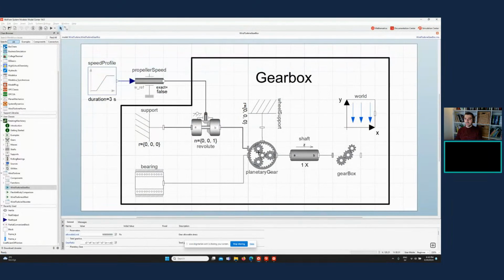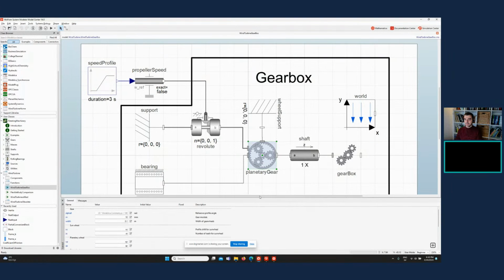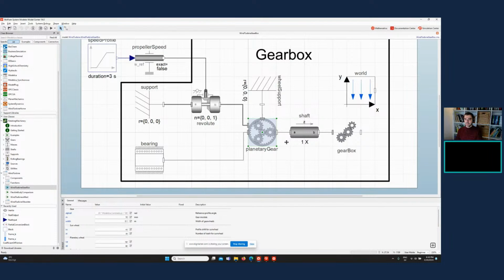But if you want something that has a specific CAD shape, you can use Mathematica to import a CAD shape and then import that further into System Modeler, to have something fancier if you want. So with the animations, you have both built-in shapes and the possibility to adapt them as you want.